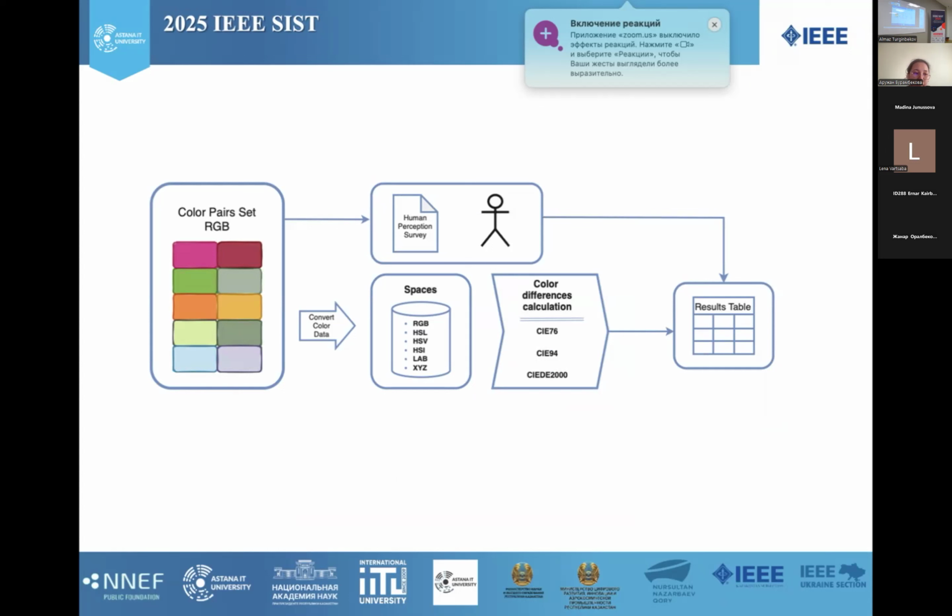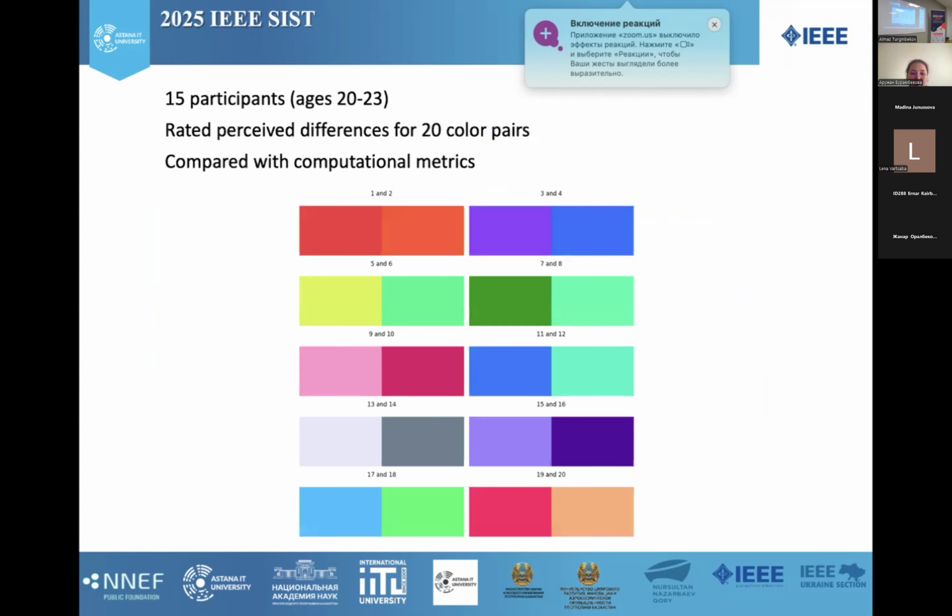And this two-pronged approach ensured our findings were both mathematically rigorous and grounded in real human perception. It's like a picture, for example.